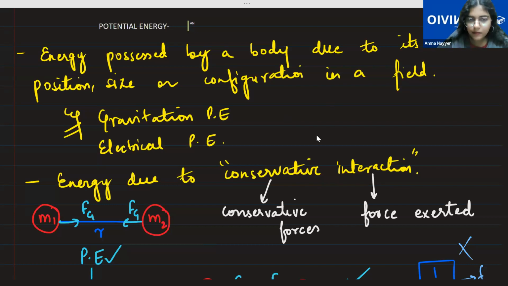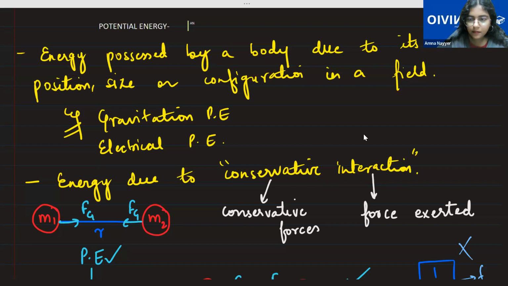Ma'am, potential energy is the energy of the object, or of the system, which the body possesses due to its size, position, and the direction it is in the field.